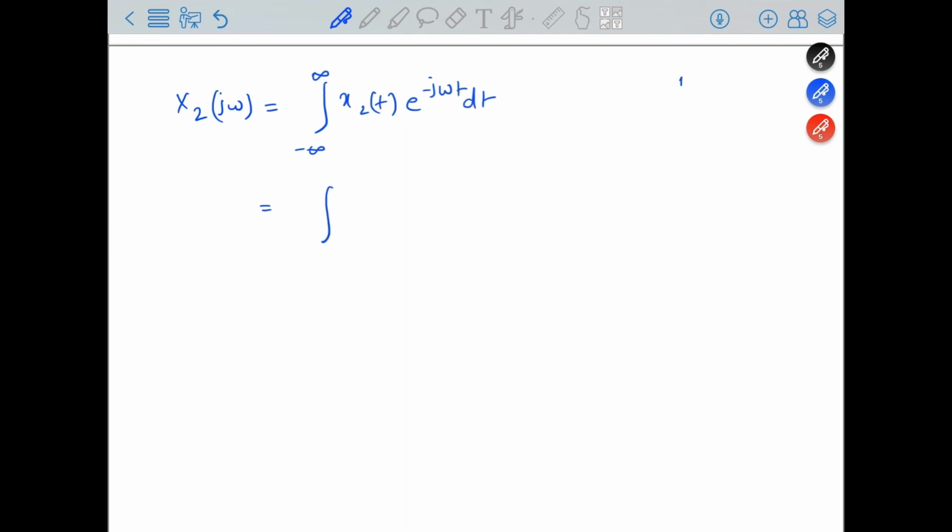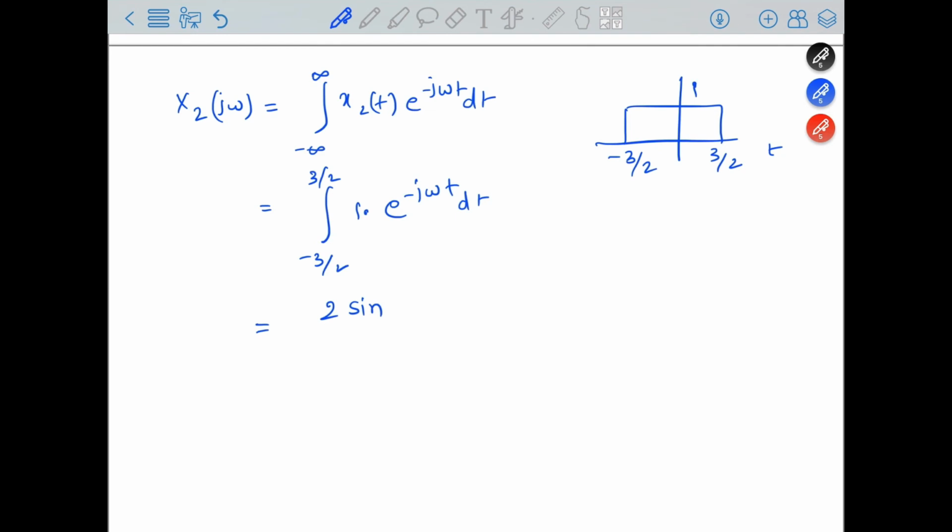For the other signal, the limit is from minus 3/2 to 3/2, and it is taking a value of 1 in that range. So we put the limit minus 3/2 to 3/2 with value 1 times e^(-jωt) dt. Again you can do the same maths, and you will get a final form of sin(3ω/2) divided by ω. So this is your X2(jω).